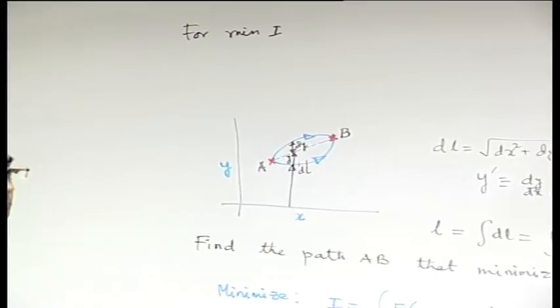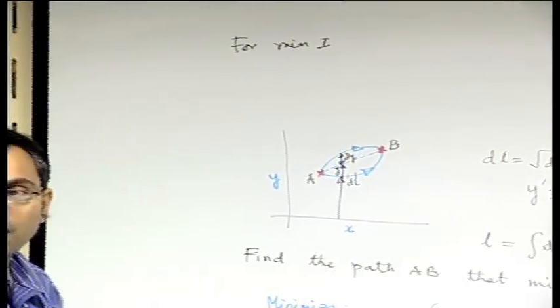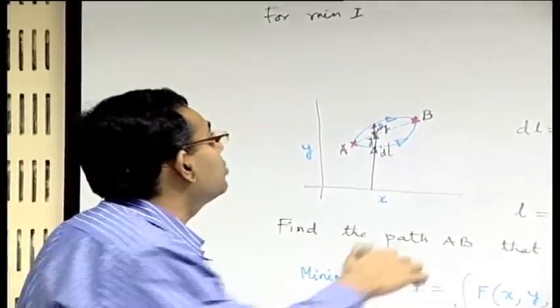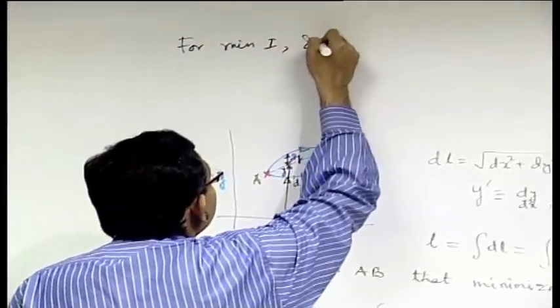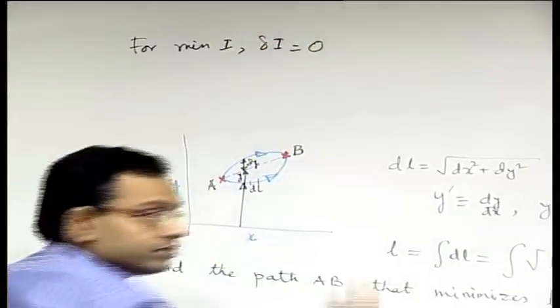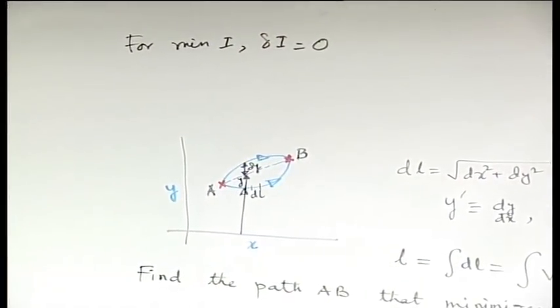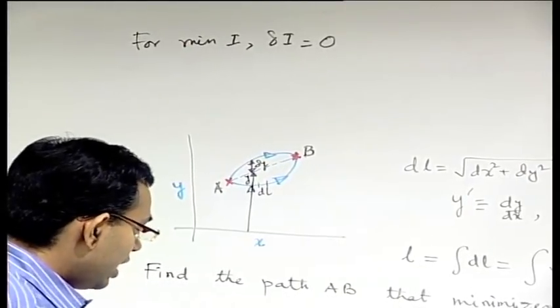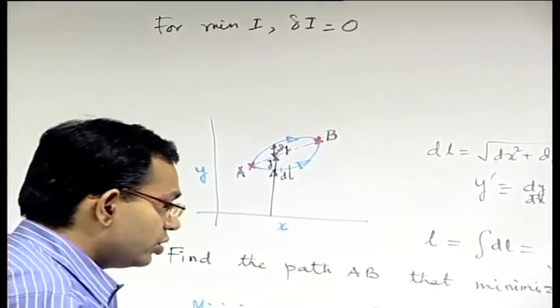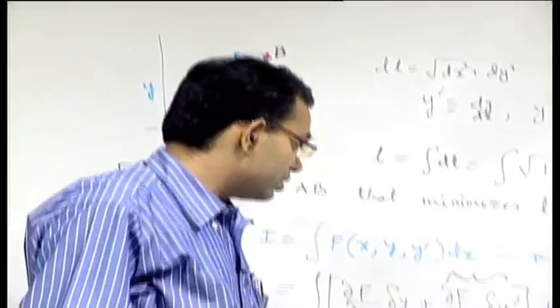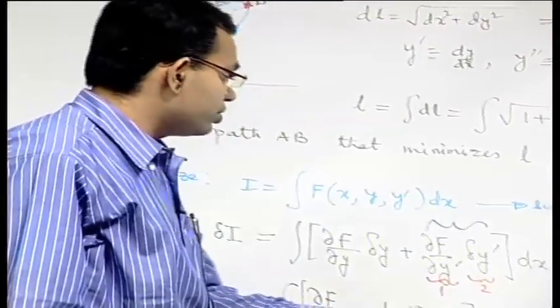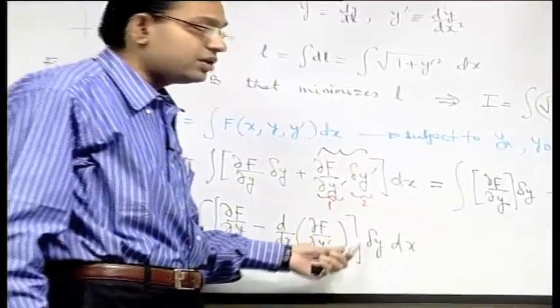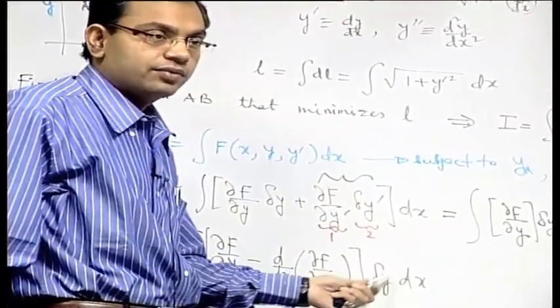We generally can say that for extremization of I, it could be either maximization or minimization, you must have delta I equal to 0. Now delta I equal to 0 has to be true for any arbitrary delta y.